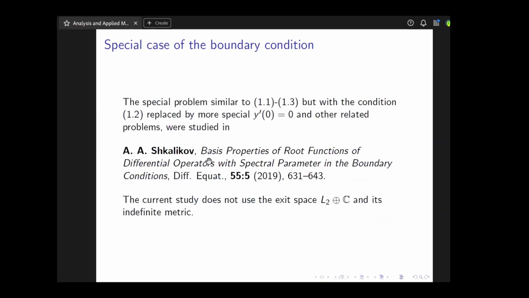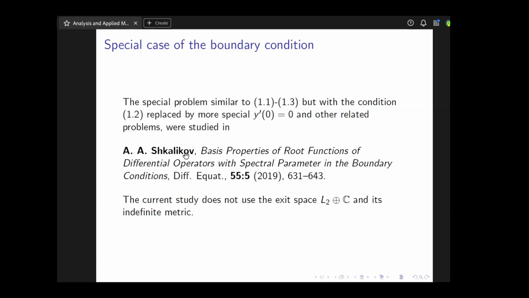Very recently, Professor Shkalikov returned to this topic and studied a particular case of the type that I have shown you, with linear dependence. In particular, Professor Shkalikov looked at this special case when our first boundary condition is replaced by this simple case, and he obtained some results.